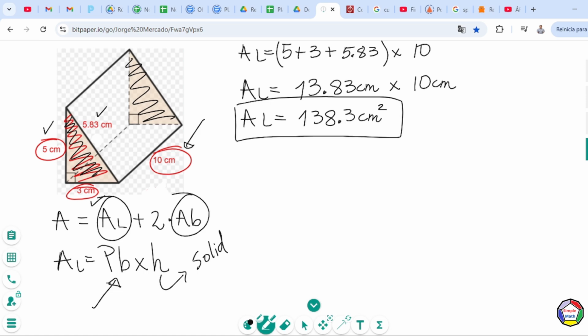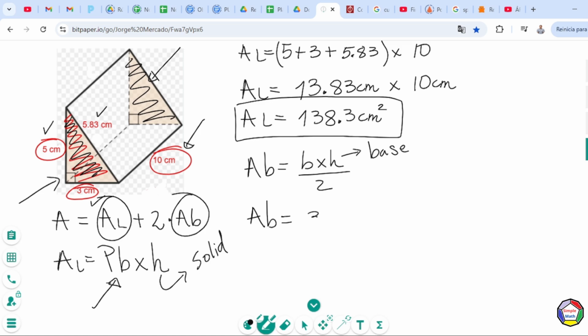But the area of the base is very easy because the base is a triangle. And everybody knows the formula of the area of a triangle. So let's calculate the area of the base. The area of the base is equal to base times height divided by 2. And this height is the height of the base. So let's substitute the values in the formula. The area of the base is equal to base. What is the base of that triangle?